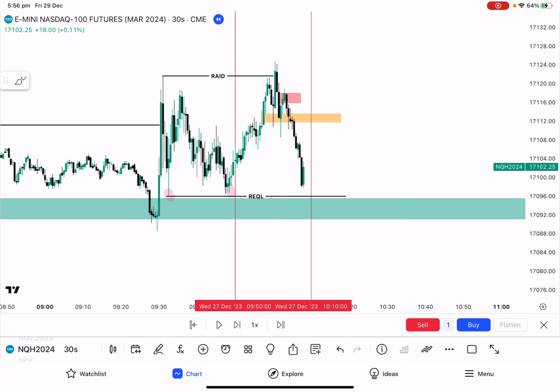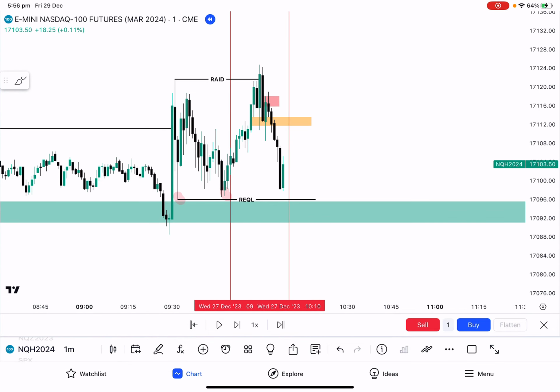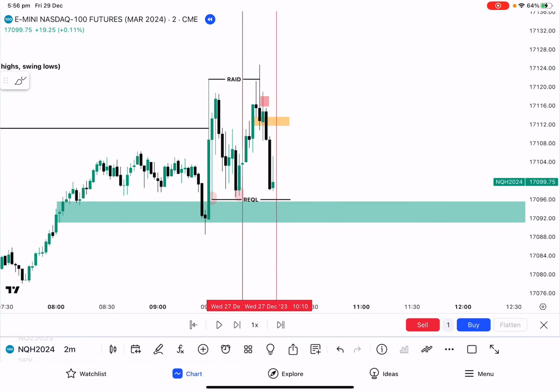So if you don't have access to the 30-second time frame, this is where having an understanding of other ICT PD arrays can be very beneficial, right? Because at this point, we're already in the silver bullet hour, and you might go to the 2-minute time frame and say, okay, I'm going to enter when price returns back to this gap.